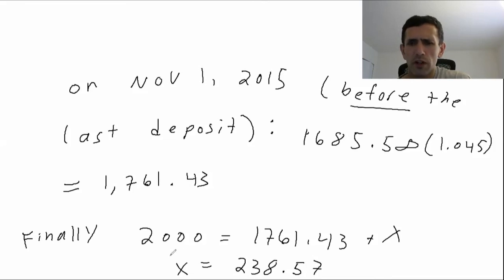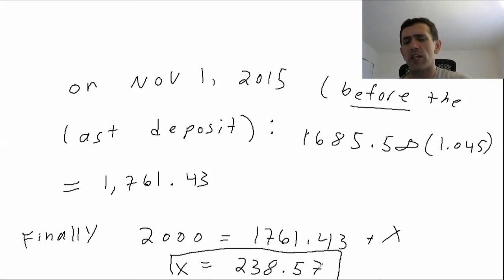So the answer, there's 2 answers. First of all, the last payment, the smaller payment, and it is indeed smaller than 308.11, is $238.57. Or rather, this last deposit. From now on, I'm using deposit and payment interchangeably, because whenever I say payment, it's implied that someone is taking this payment and depositing it somewhere.